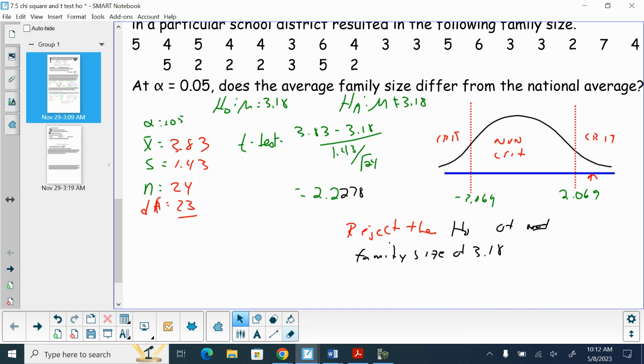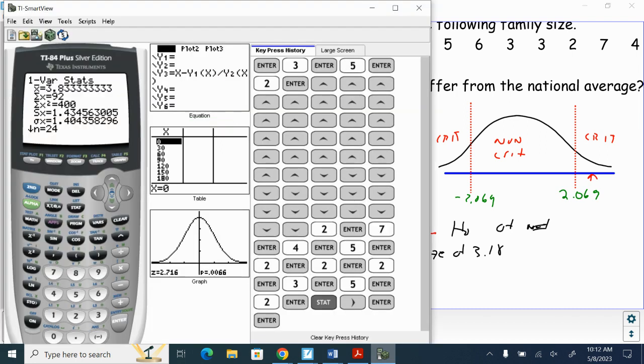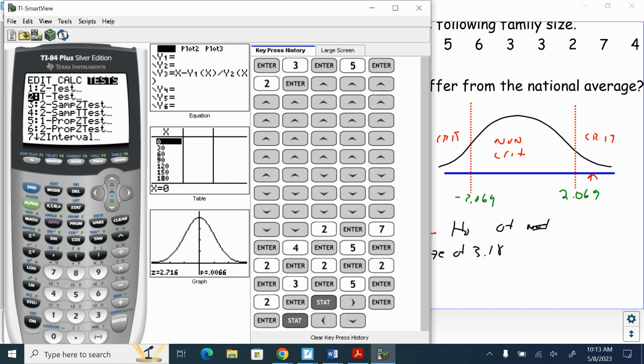Now, what I also want you to do is take a look at what your calculator will do for you. Once again, because we have less than 30, we now have a t-test. So if we go to our stats and our tests, down to our t-test, your calculator will pull the information from your table for you.